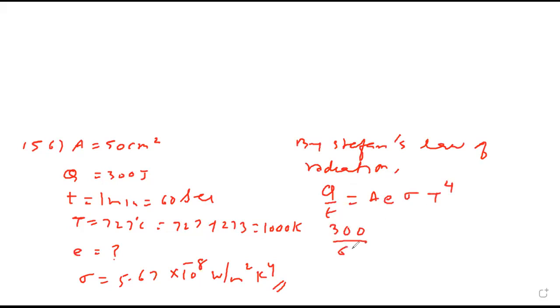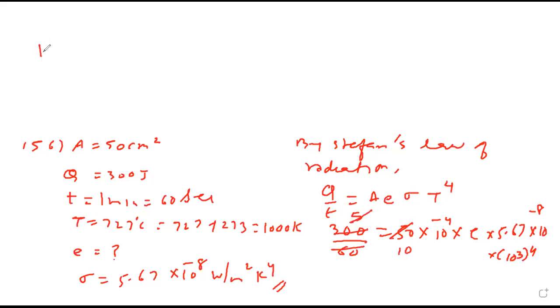So 300 upon 60 is 50 into 10 raised to minus 4, into E, into 5.67 into 10 raised to minus 8, temperature 1000 raised to 4. 60 into 5 is 300, so 1 equals 10 into 10 raised to minus 12 into E into 5.67 into 10 raised to 12.